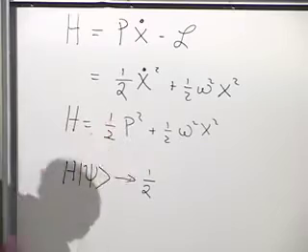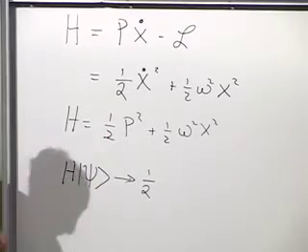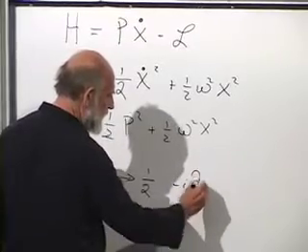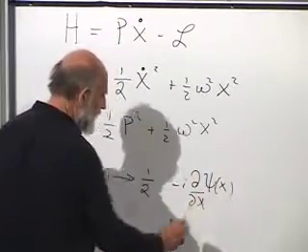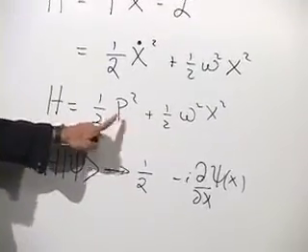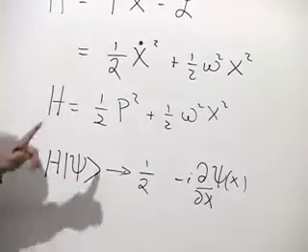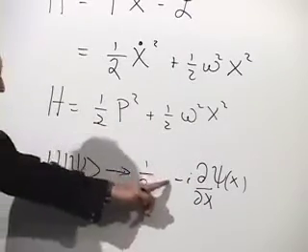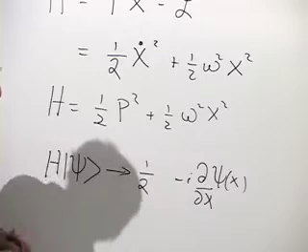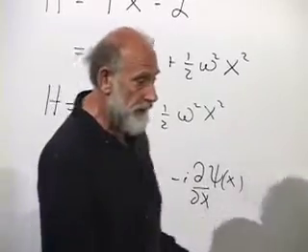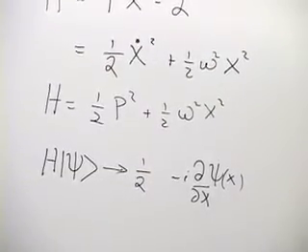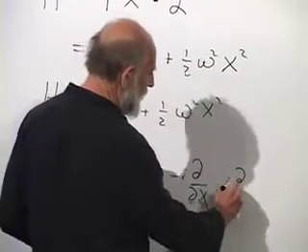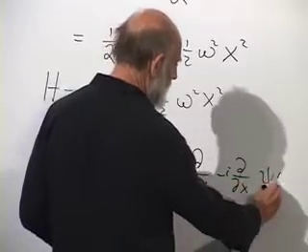Now, let's first apply p once. That's minus i d by dx psi of x. But that's only operating with p once. We want to hit it again with p. So we just have to differentiate again, another factor of minus i d by dx. Okay, so we can write it minus i d by dx acting on minus i d by dx psi of x.